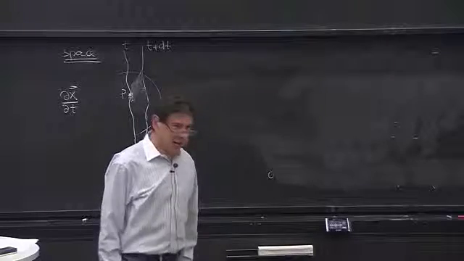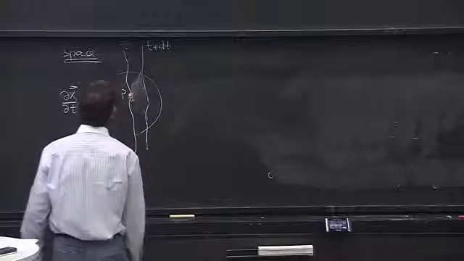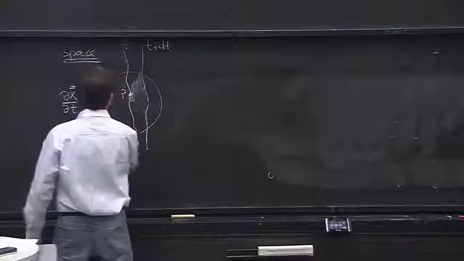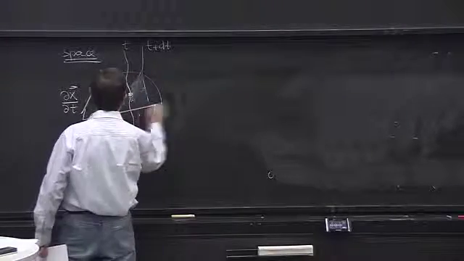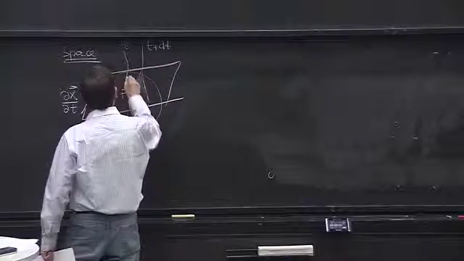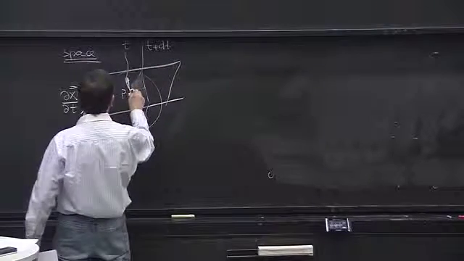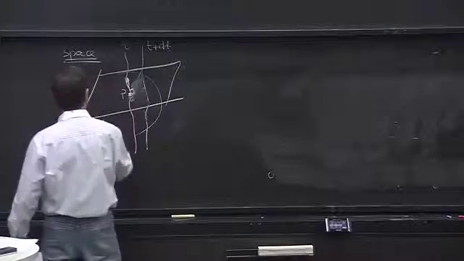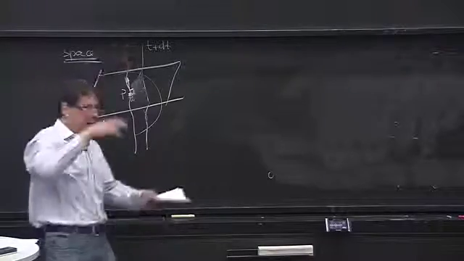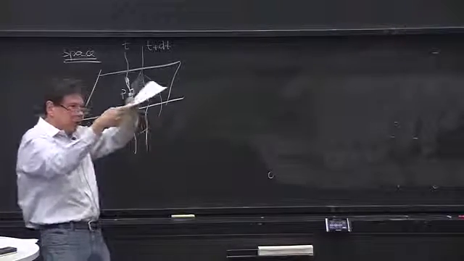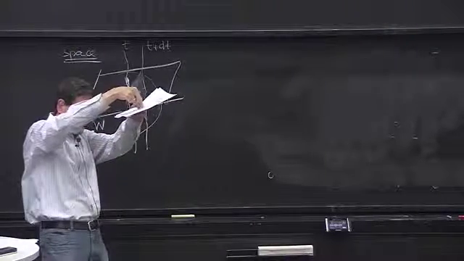You can define one, and it's called the transverse velocity. You take the point P, and here is the string, and draw the plane perpendicular to the string at that point.